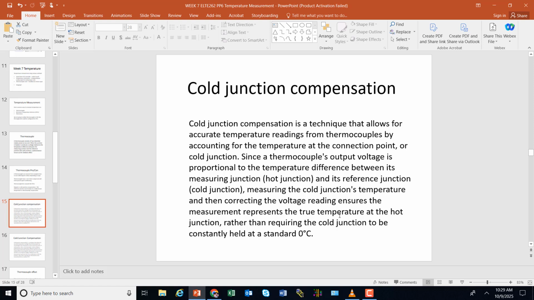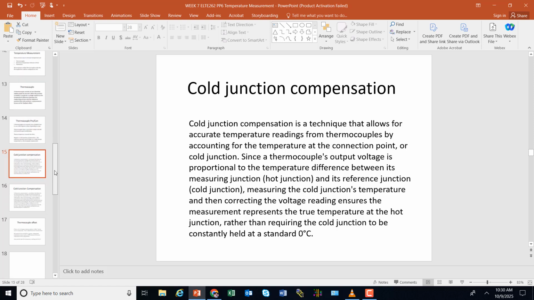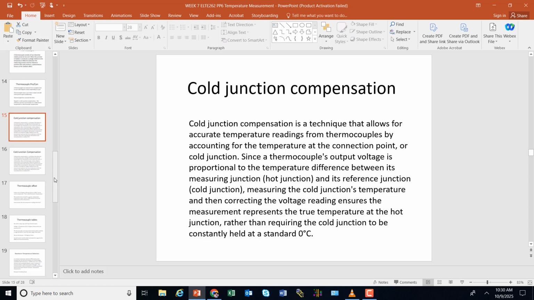The hot junction keeps changing temperature because we're heating and cooling it, but we would want to keep the cold junction at a stable temperature, which would have to be held at 0 degrees Celsius. We're not going to do that. If you're interested in really accurate thermocouple measurements, you might have a separate process to keep the cold junction at 0 degrees Celsius.